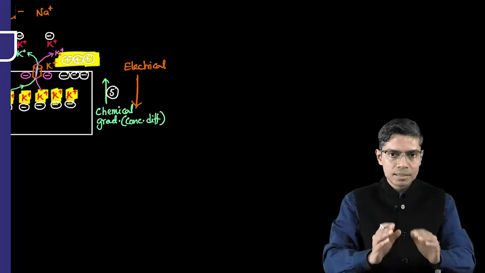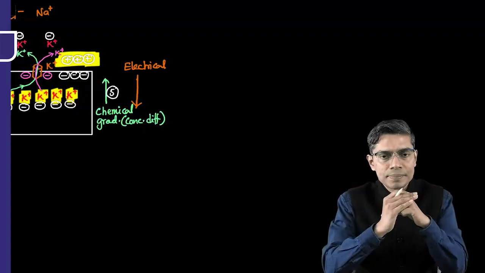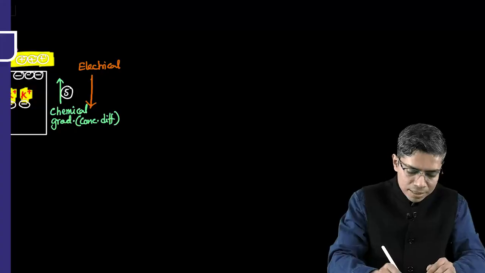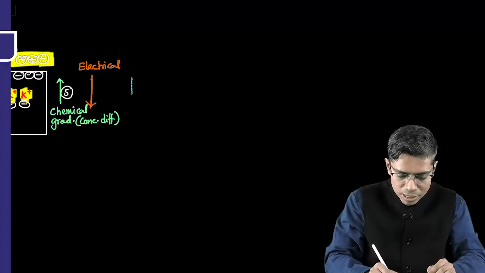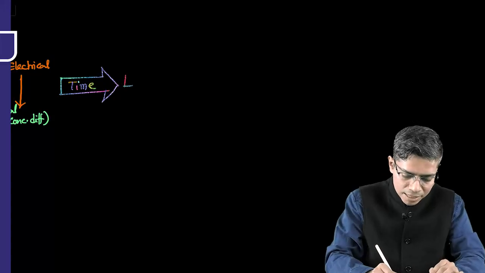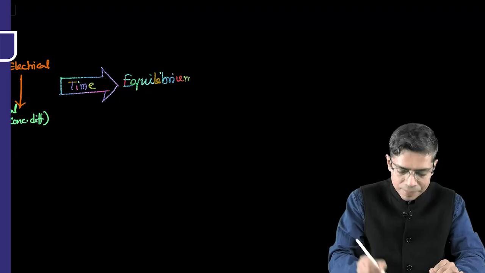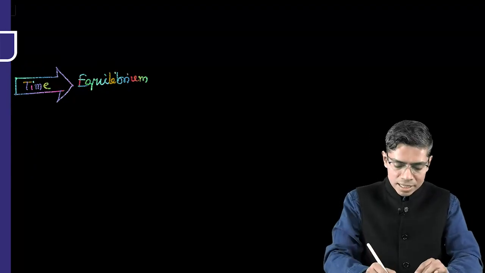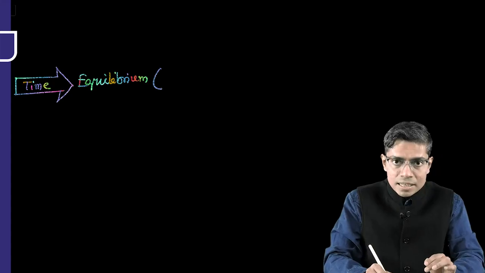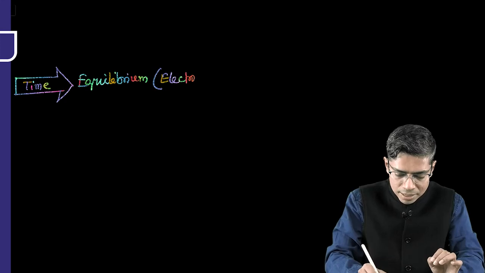So this movement will continue for a certain amount of time, and then there will be development of an equilibrium condition. Equilibrium condition means what kind of equilibrium? This equilibrium has been developed due to electrochemical gradient.